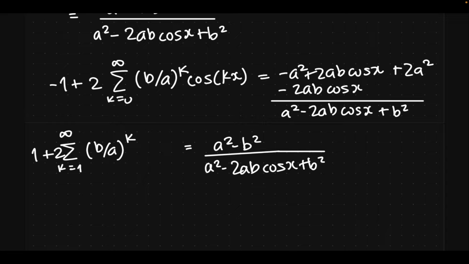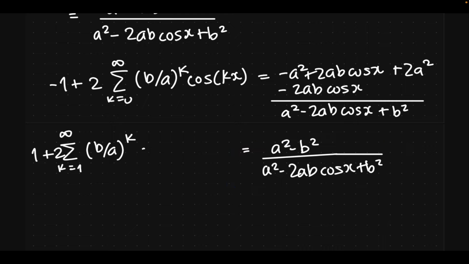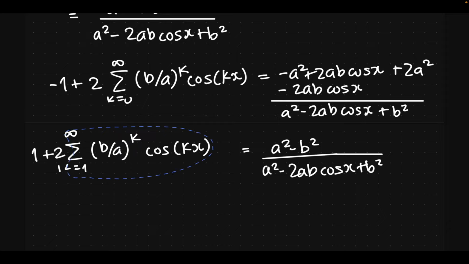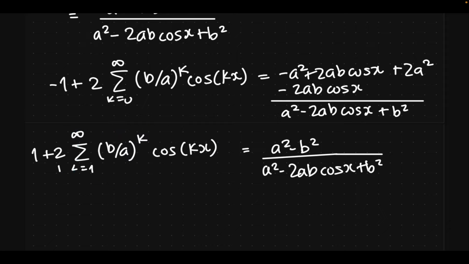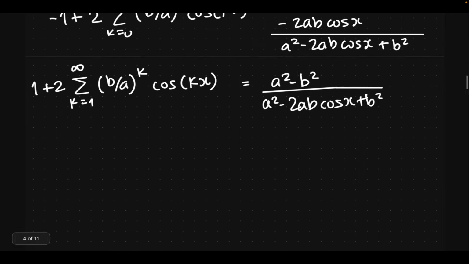There should be a 2 there. Let me just move this so that I have a little more space. Cosine kx, like that. Okay, perfect.